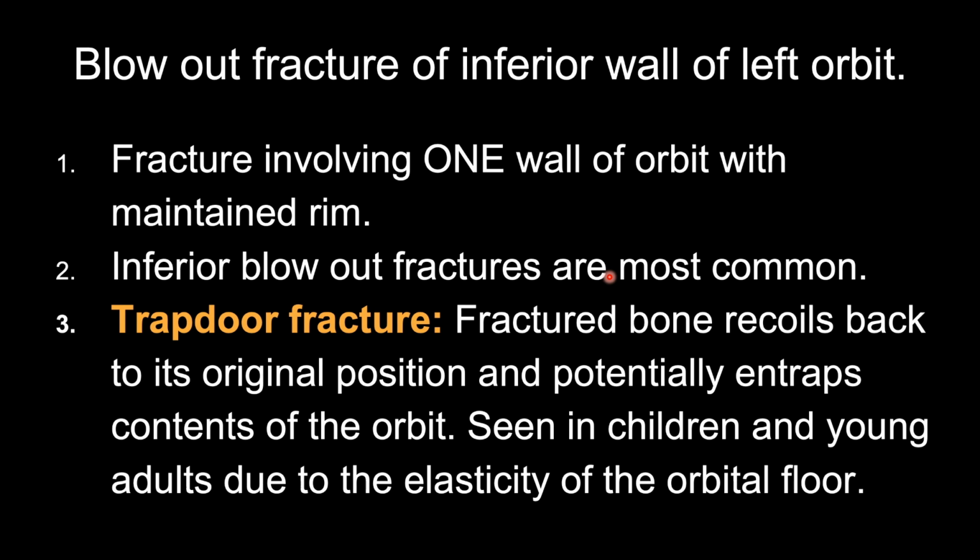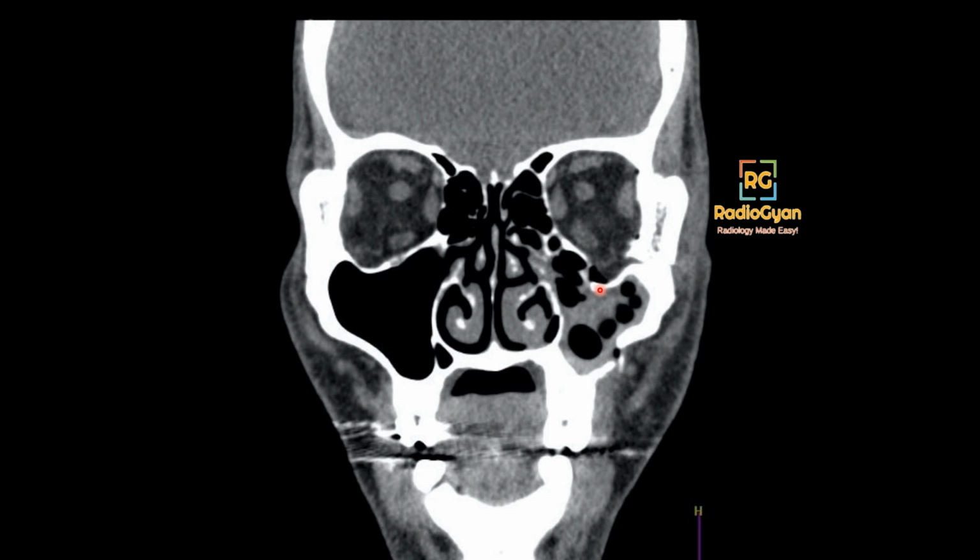So what is a blowout fracture? If there's a fracture which involves only one wall of the orbit with a maintained orbital rim, we can call it a blowout fracture. Most commonly, the inferior wall of the orbit blows out. In children and young adults, because of the elasticity of the orbital floor, the fractured fragment can go back to its own place.